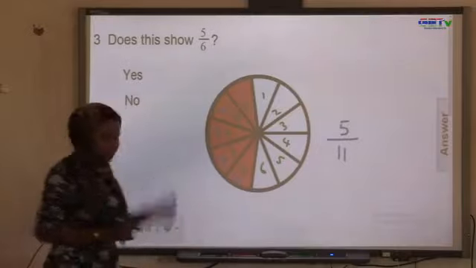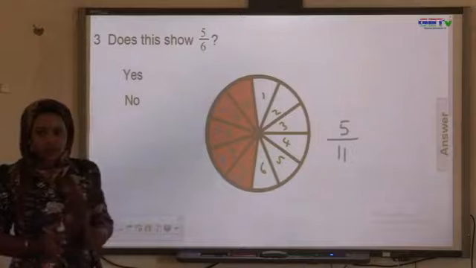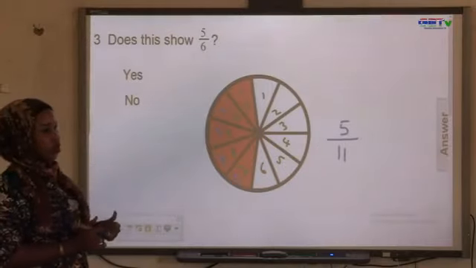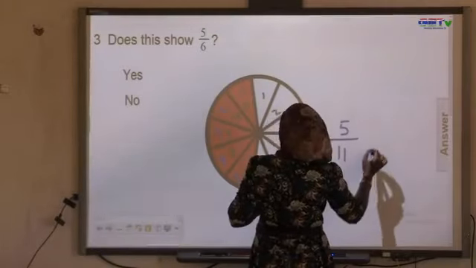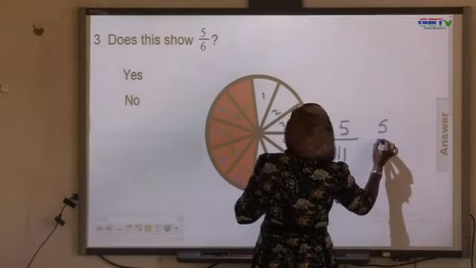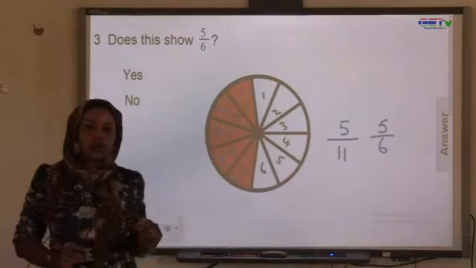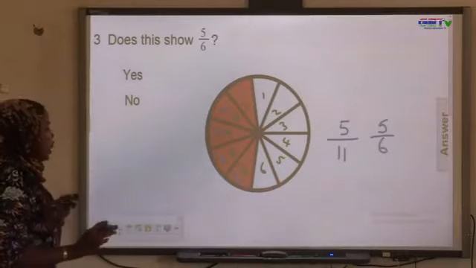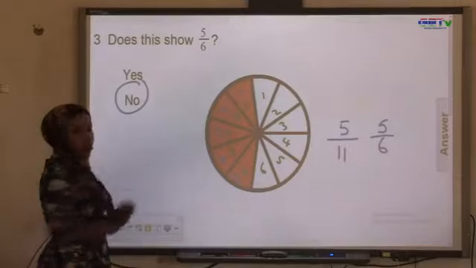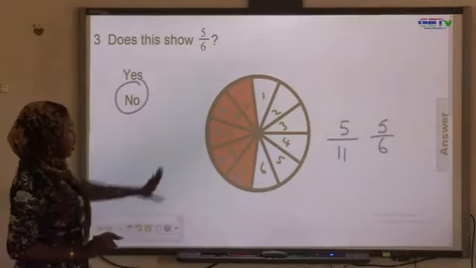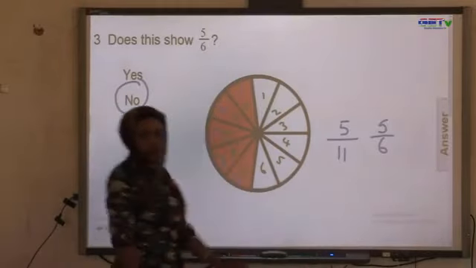Is 5/11 equal to 5/6? No. The answer is no. So we circle no, because the chart that we have is showing 5/11.